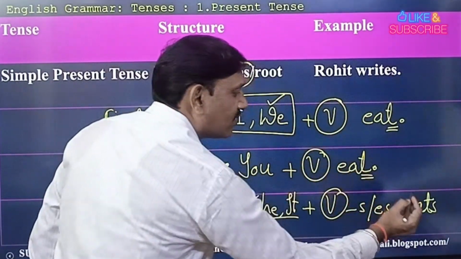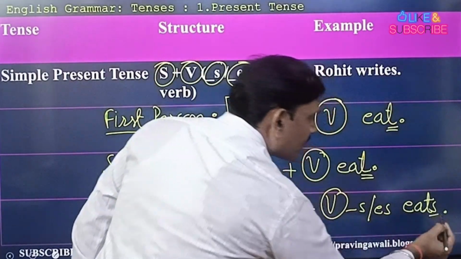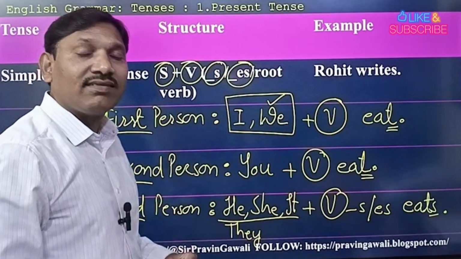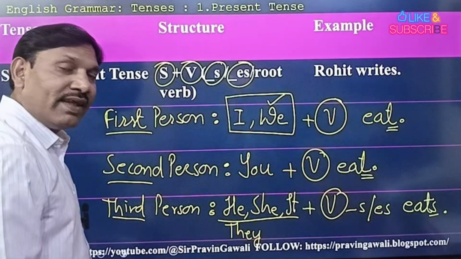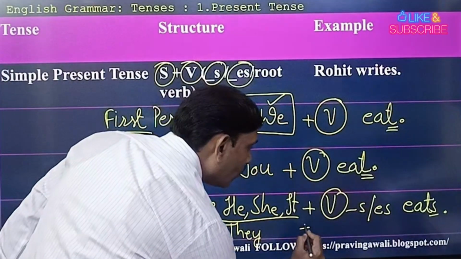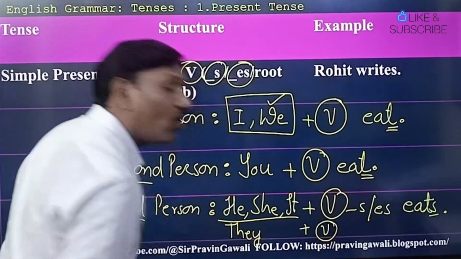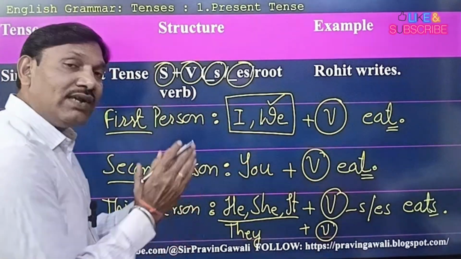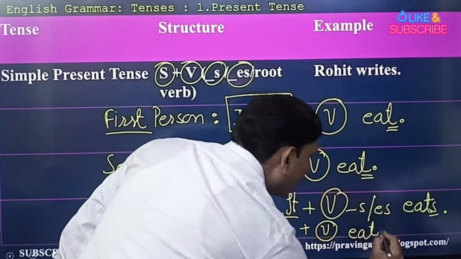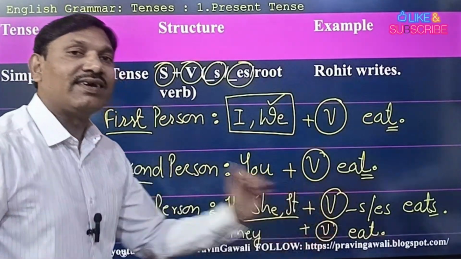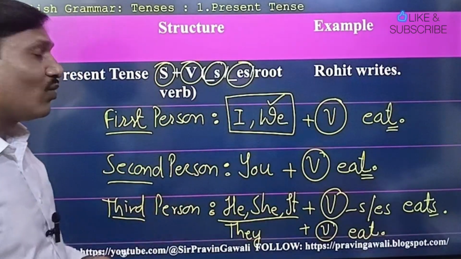It eats. So this verb will take s form. Now, if it is plural, then the verb will not take s or es form. So it will be in the root form. It will be like this: they eat. So it is very simple to understand now.